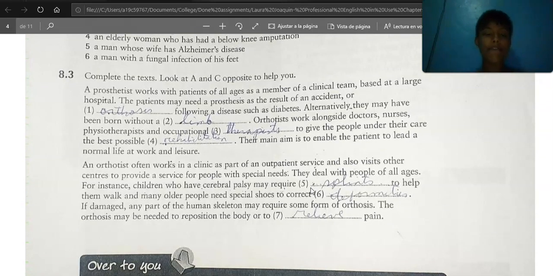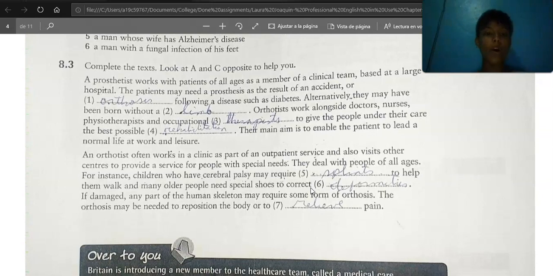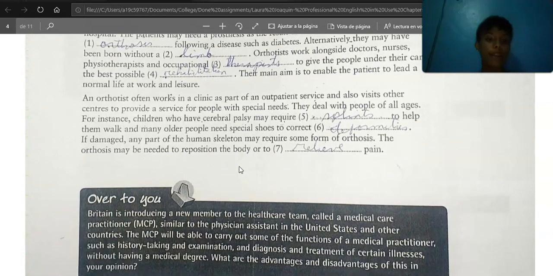Alternatively, they may have been born without a limb. Orthotists work alongside doctors, nurses, physiotherapists, and occupational therapists to give the people under their care the best possible rehabilitation. Their main aim is to enable the patient to lead a normal life at work and leisure.